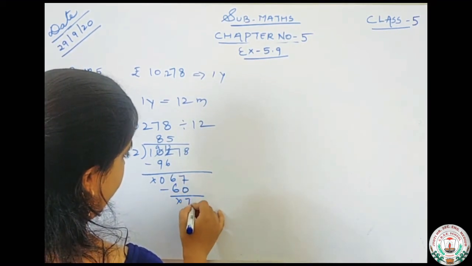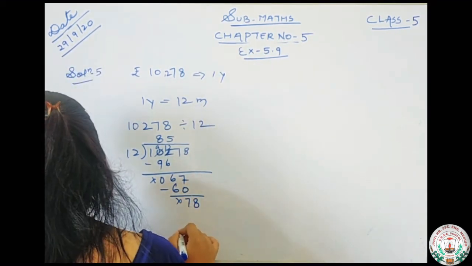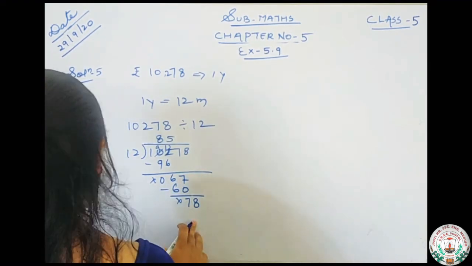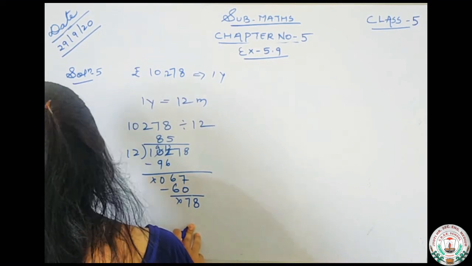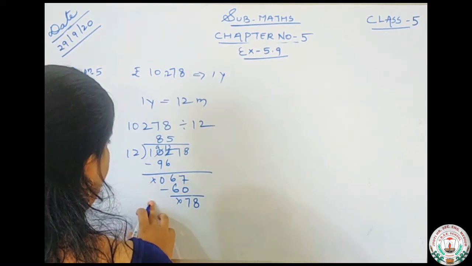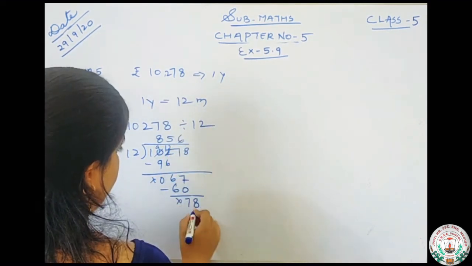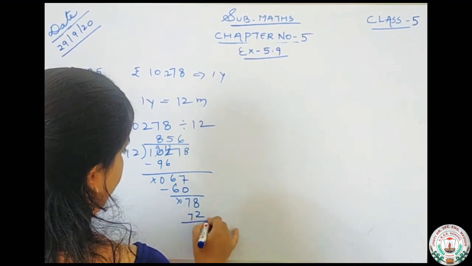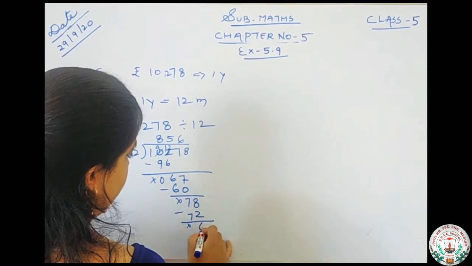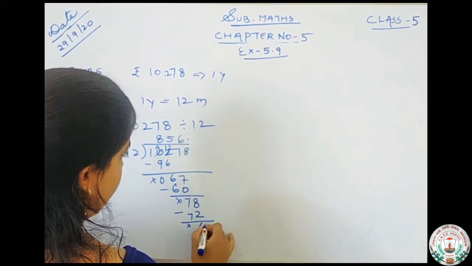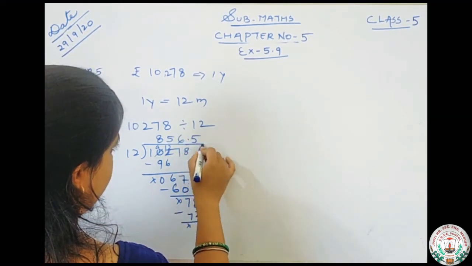Minus 7, 8. In the table of 12, 78 comes. 12 fives are 60. 12 sixes are 72. Minus it. 8 minus 2, 6. Here we will put decimal 0. So 12 fives are 60.